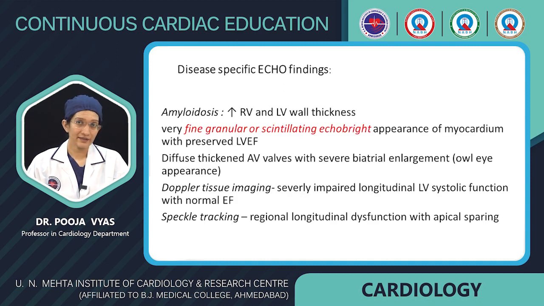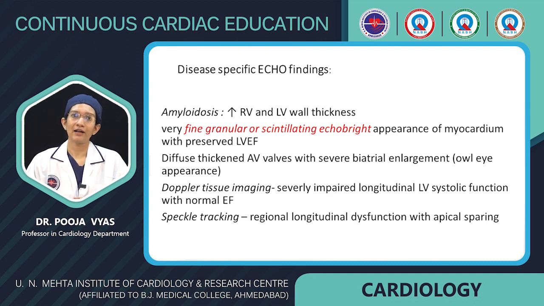Disease specific echo findings in amyloidosis are increased right and left ventricular wall thickness, a typical scintillating bright appearance of the myocardium, also called the fine granular appearance, with preserved ejection fraction, diffuse AV valve thickening with biatrial enlargement, and on Doppler imaging impaired longitudinal LV systolic function with normal ejection fraction.